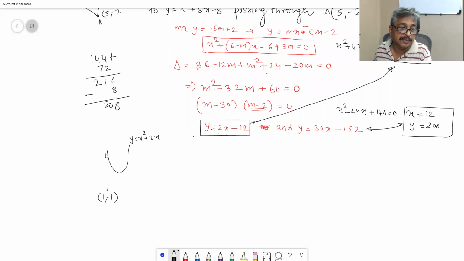Find tangents. Whatever, you may not be able to draw them geometrically, but they will exist. Find the equations of tangents and find the coordinates of the points of contact.